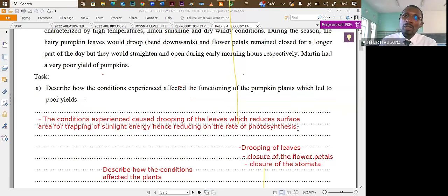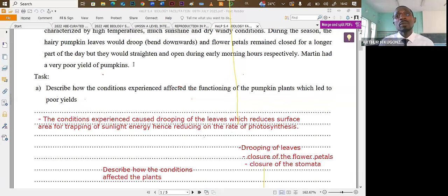Now, I'm going to task some volunteer schools. I want you to describe for me the point of closure of flower petals, and I again want you to describe for me the point of closure of stomata. If you were in an exam, how would you rate your responses?